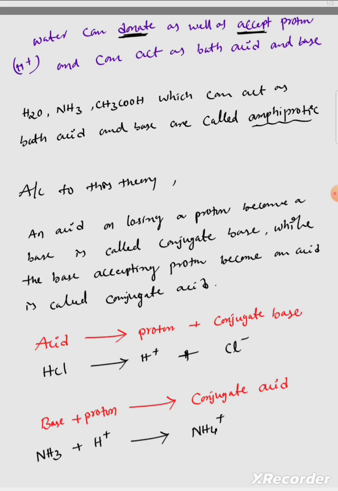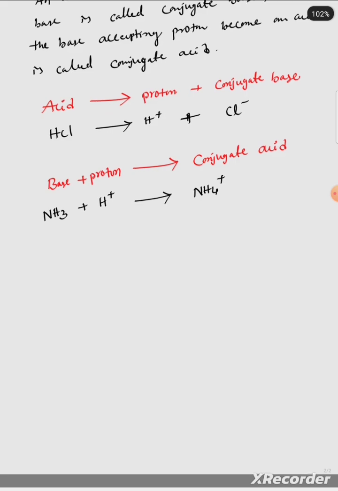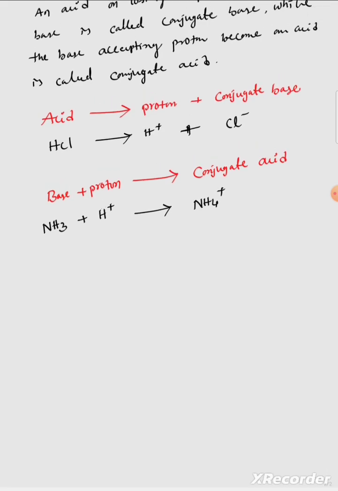Two more points we can see. The conjugate base of a strong acid is a weak base, and vice versa for acids.